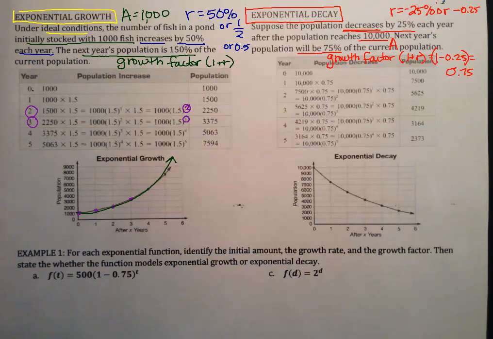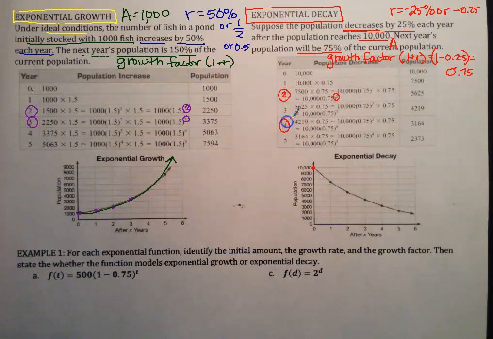The same thing if we look here in the chart. Year 0, we have 10,000, because at this point is when it starts to decay. We can't really see the work in the first problem, but in year 2, notice we have 10,000 times 0.75, our growth factor, to the power of 2, because it's year 2.